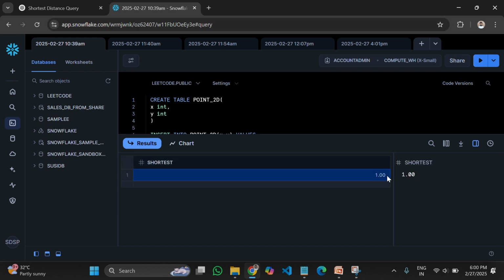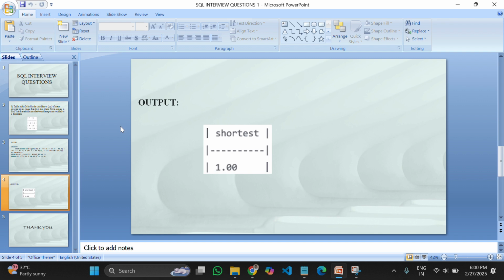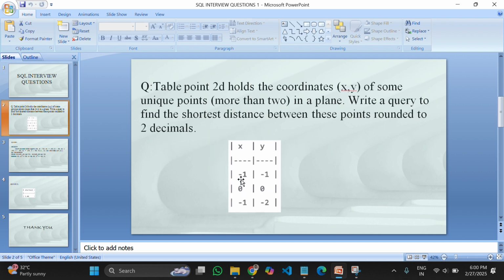Here is the output. We have got the output as 1.00. The calculated distances between -1, -1 and 0, 0 is 1.41, and between -1, -1 and -1, -2 the distance is 1, and between 0, 0 and -1, -2 the distance is 2.24.